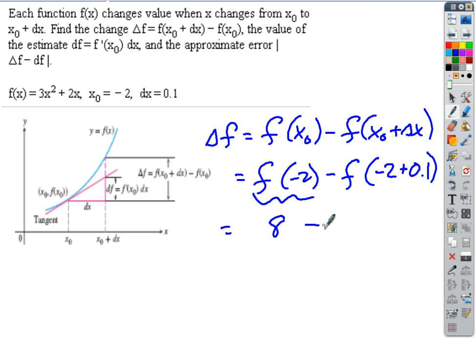What's 3 times 1.9 squared minus 3.8? 7.03.